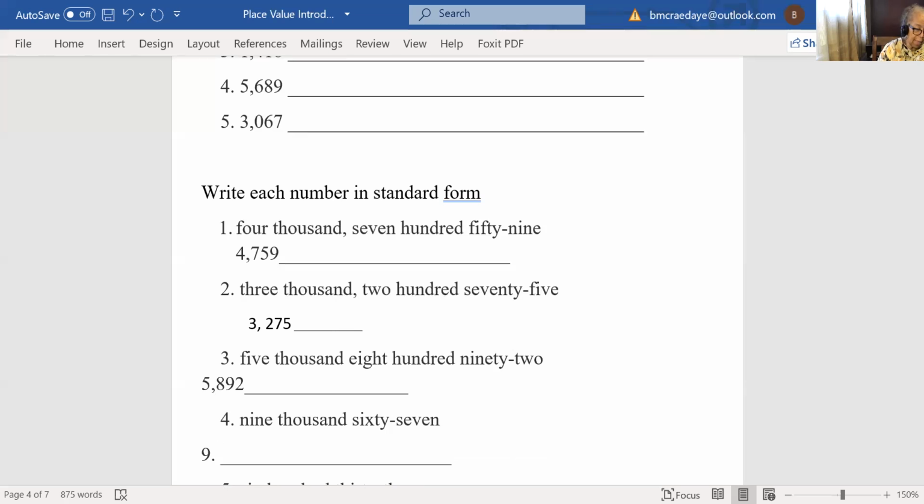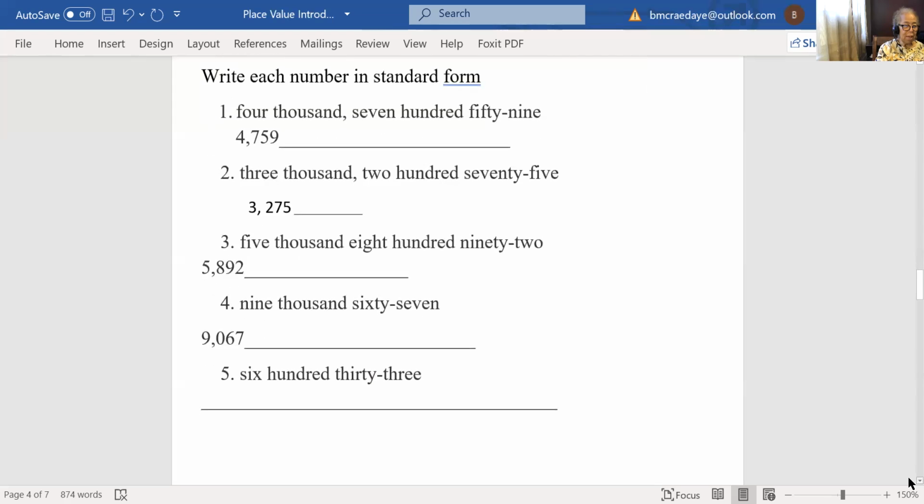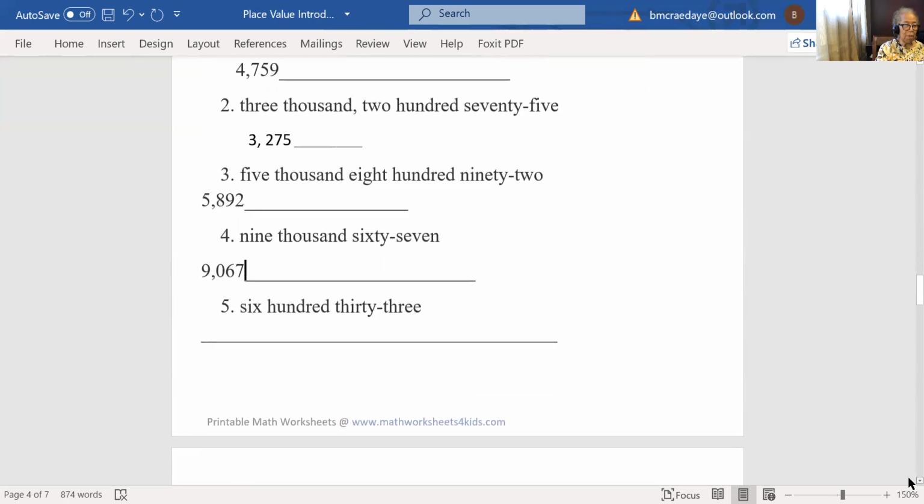So 9,000, let's just put the comma after the 1,000. 9,000. Notice you don't have any hundreds here, so that would be 0, and then 67. So 9,067 is 9,000, no hundreds, 67. Okay. And I want you to do number 5.